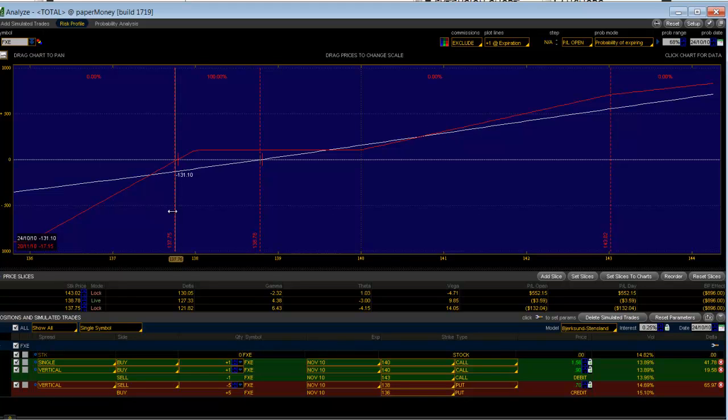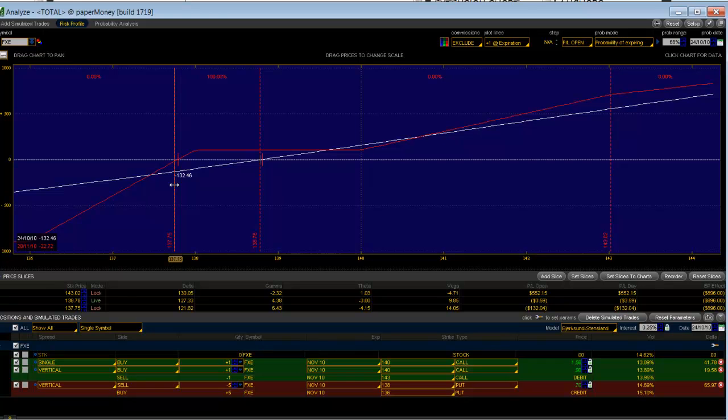That's managed risk. Max risk would be $896 at expiry, but we can set our stops so that we will basically get out at $132 there. Now there are some risks with the stops because it could go below there after hours, so we'd have to have some ways of getting around that.